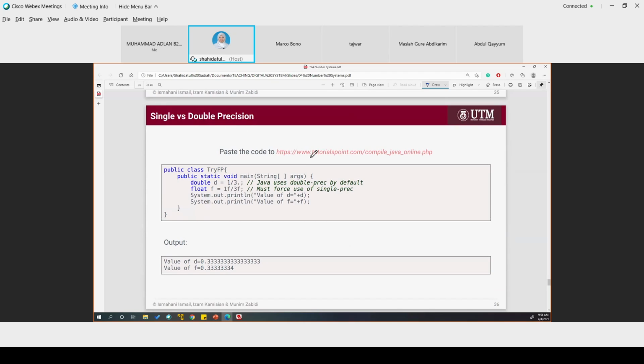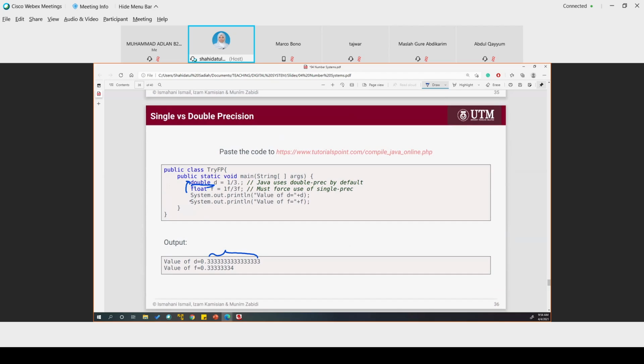You can go to this website where you can do programming online and check the output here. If we are using double precision, meaning we are using the double variable, our results will be more precise, meaning longer fractions.